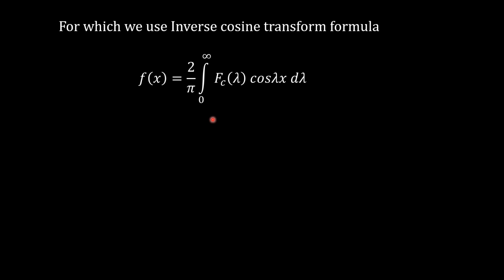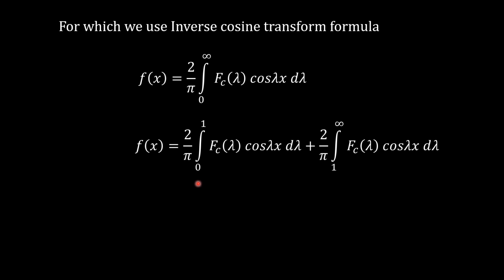Therefore, we will split this integration into two integrals as 2 upon pi integration from 0 to 1 Fc lambda cos lambda x d lambda plus 2 upon pi integration from 1 to infinity Fc lambda cos lambda x d lambda. Now replace the value of Fc lambda from the respective interval.